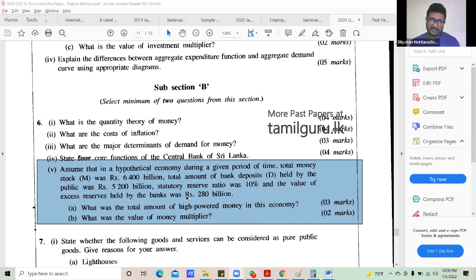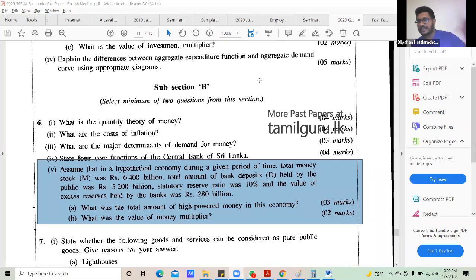So this time, do you expect a banking system question or a single bank question? In 2017-18, they continued with single bank questions. In the new syllabus in 2019, they started with a single bank question, and in 2020, this is a banking system question, right?